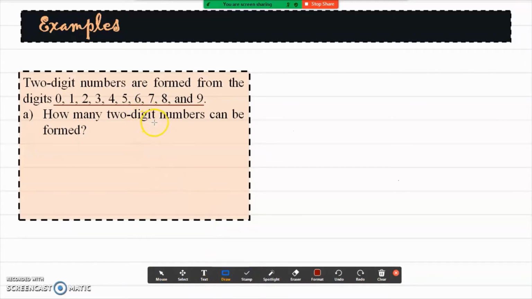Highlighting that we are asked how many two-digit numbers we can possibly form, let's represent these two-digit numbers with circles. You may also use squares, it's up to you, but in this example, let's use circles.